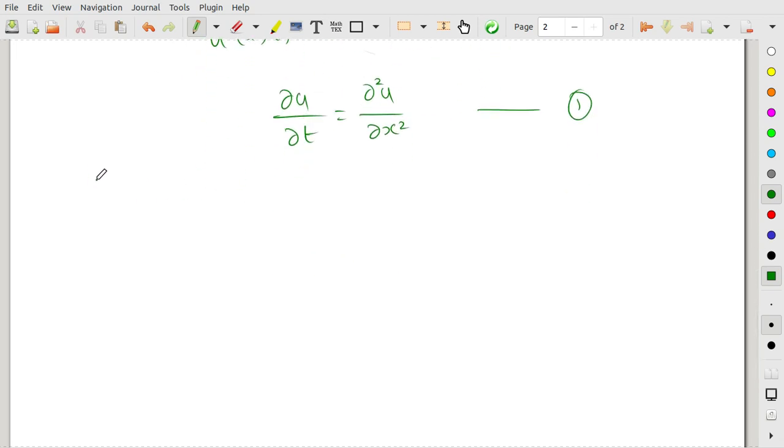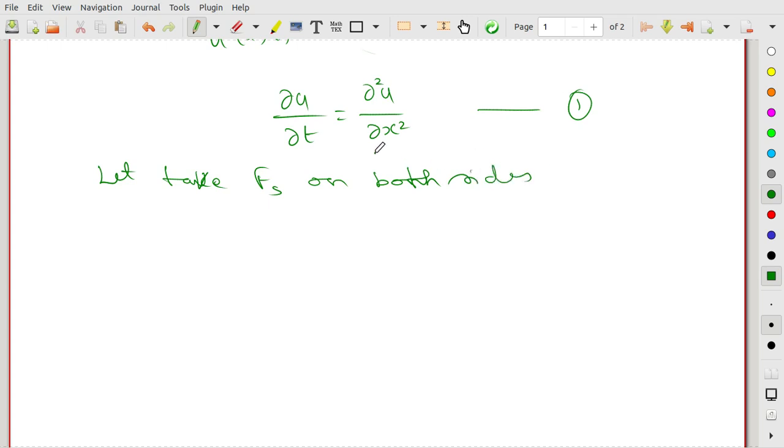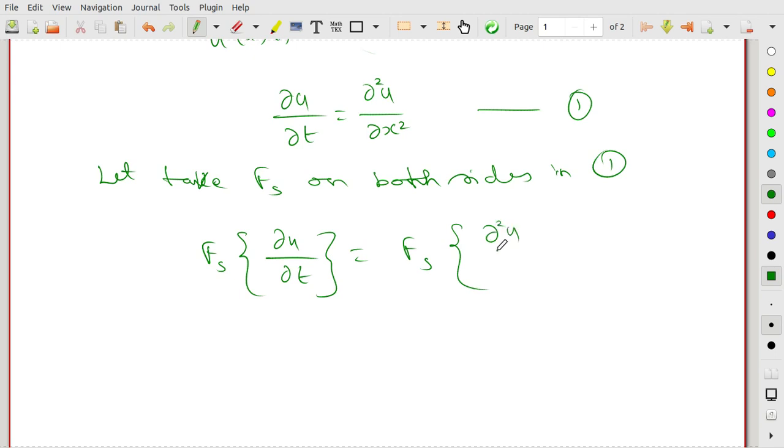So let's take F_s on both sides of equation 1. Therefore we have Fourier sine transform of dou u by dou t equals Fourier sine transform of dou square u by dou x square.